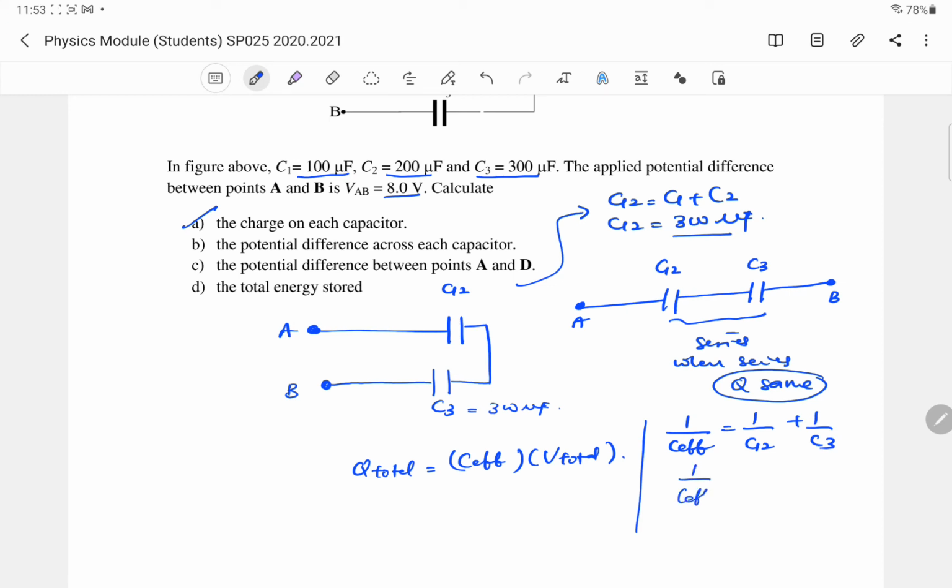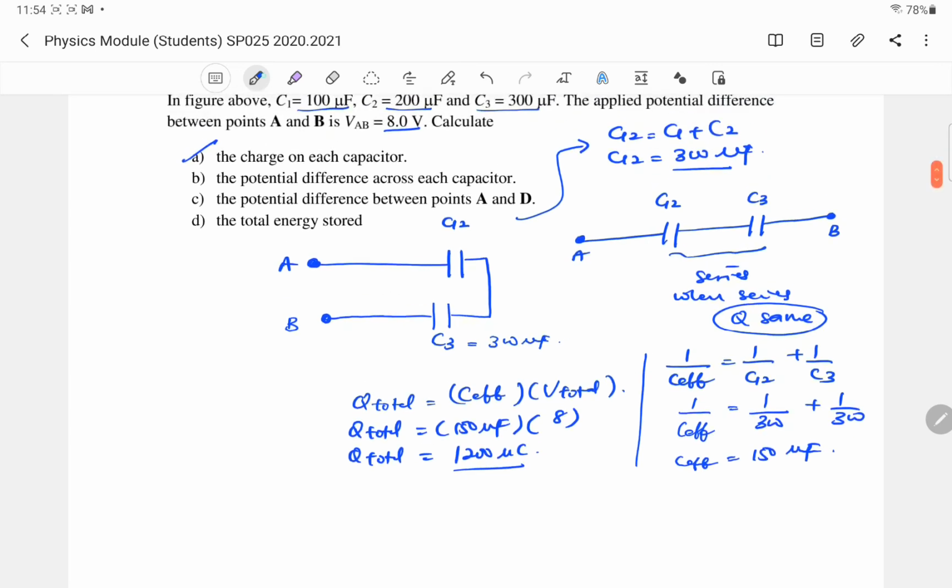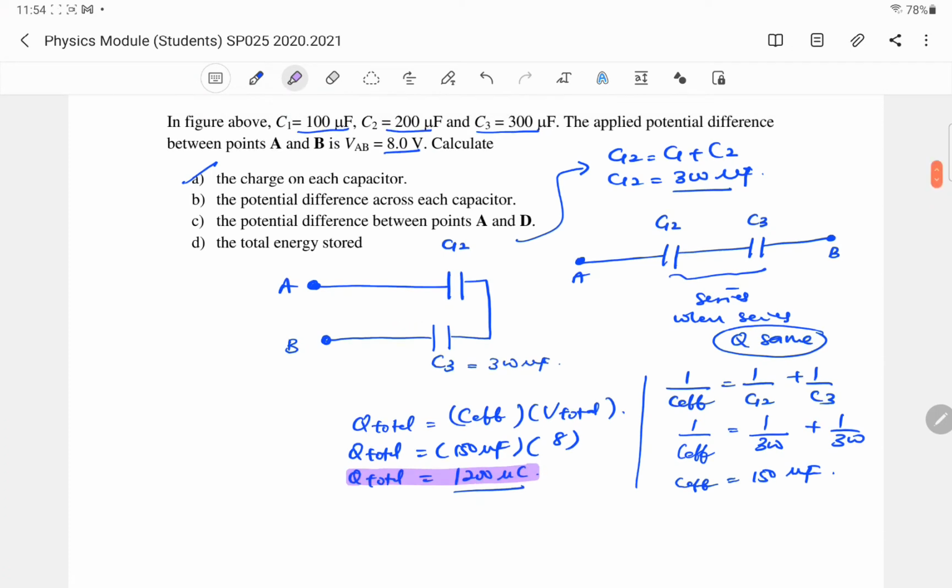So 1 over C effective equal to 1 over 300 plus 1 over 300. So your C effective is 150 microfarad. Okay, so Q total equal to 150 microfarad times V total given is 8. So Q total equal to 1200 microcoulomb.